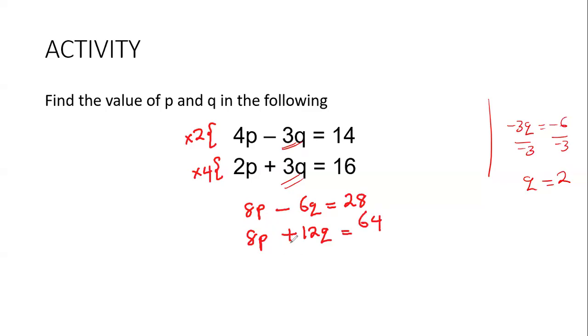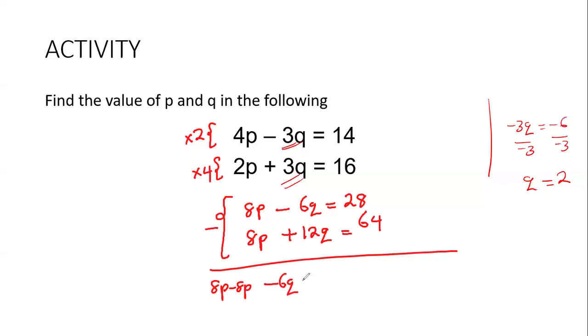Then because this one had same signs, I said 8P minus 8P, minus 6Q minus negative 12Q equals 28 minus 64.